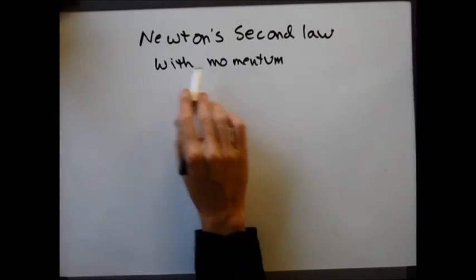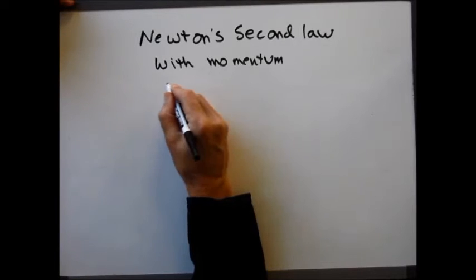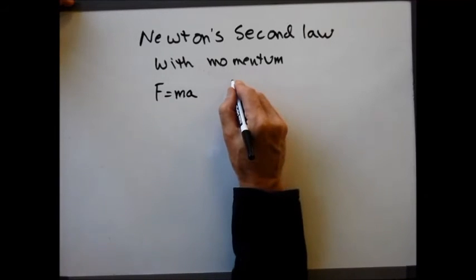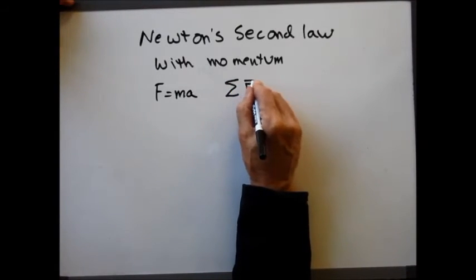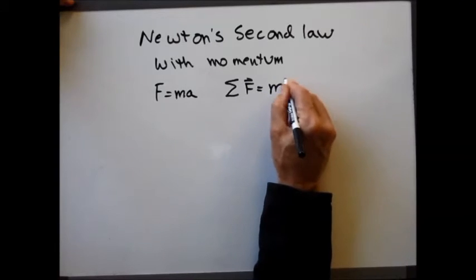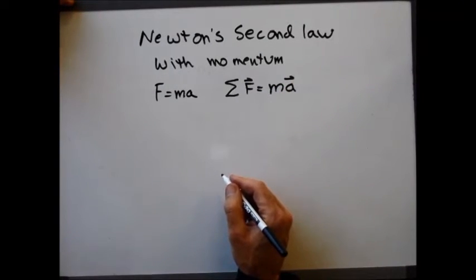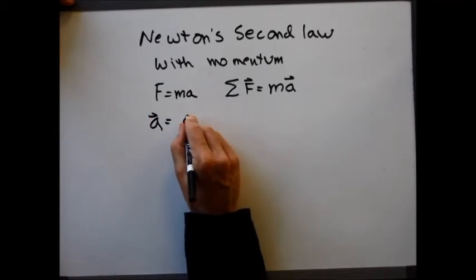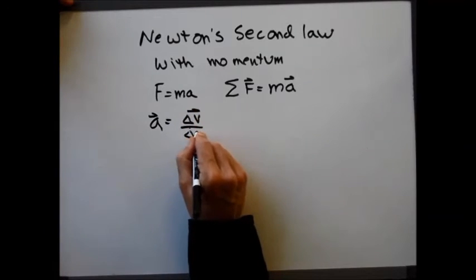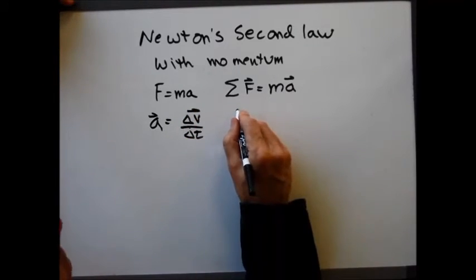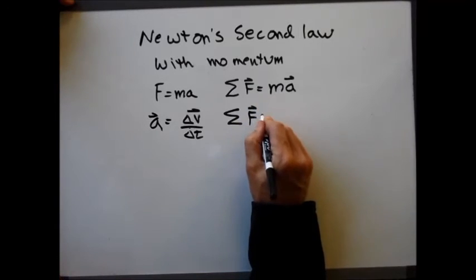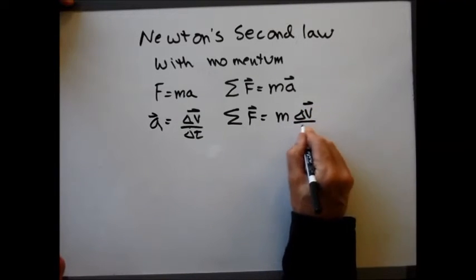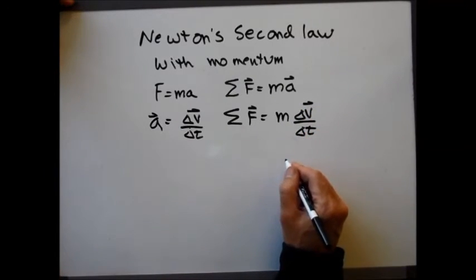So we can talk about Newton's second law with momentum. If you remember, Newton's second law is F equals ma, right? Or if we wanted to write it in a little more complete way, we would say the sum of the forces is equal to the mass times the acceleration, right? Well, acceleration is just the change in velocity divided by the change in time. And so what we could say is the sum of the forces is equal to the mass times the change in velocity divided by the change in time, right?